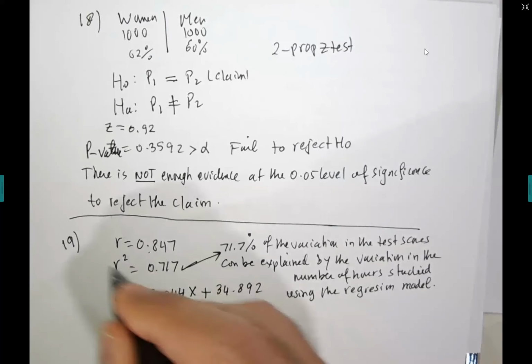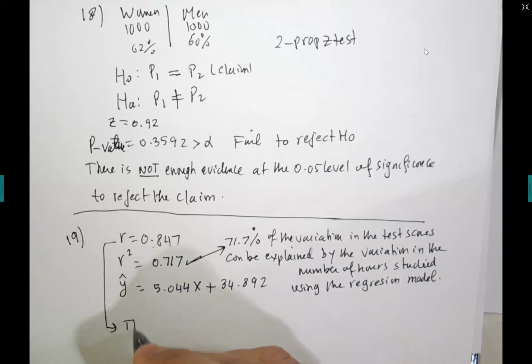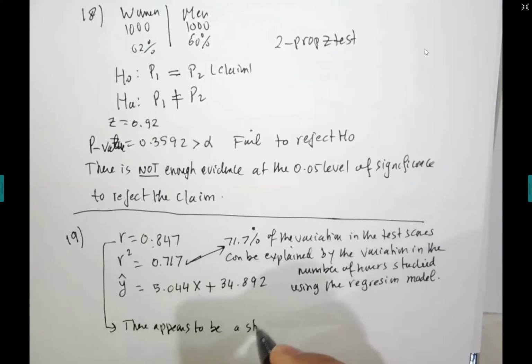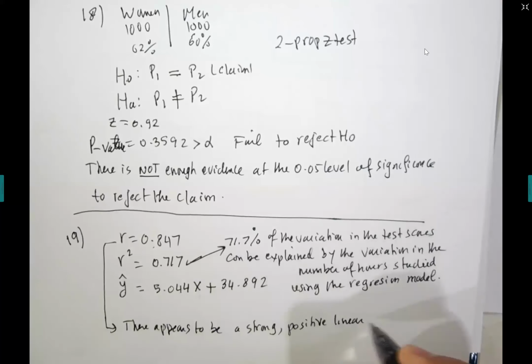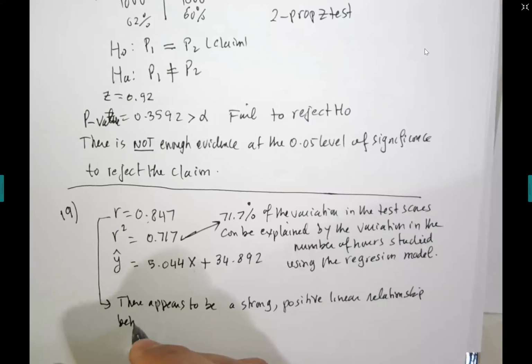Now the interpretation for R, I'll write it. There appears to be a strong positive, why positive? Because R is positive, linear relationship between X and Y. Don't put X and Y. Well, actually, he's not going to put X and Y in the answer.